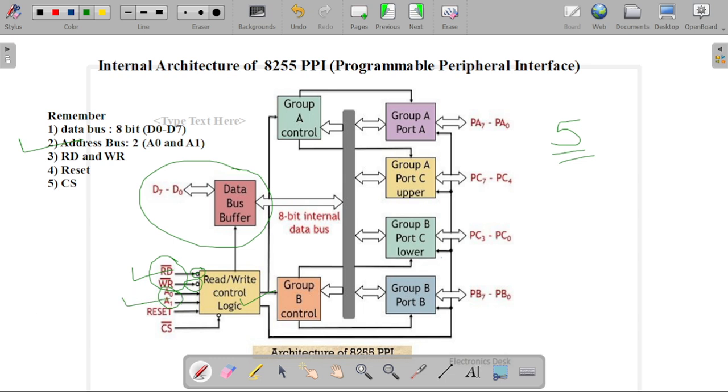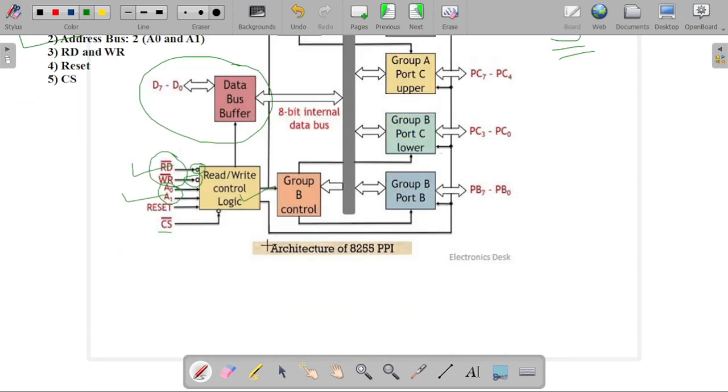These address lines are used to select the port with the help of the chip select signal. If the signal is low, then these address lines will be selected. How these address lines are selected, we have already learned in the previous lecture on the pin diagram of the 8255.